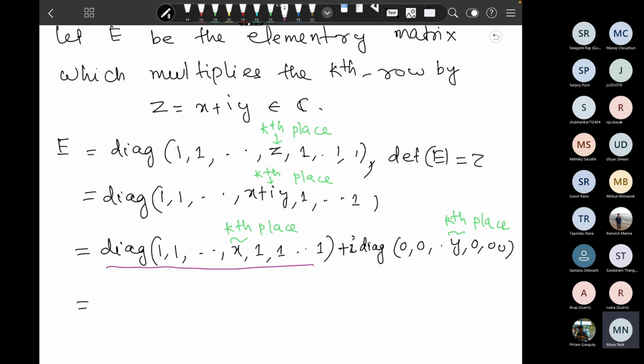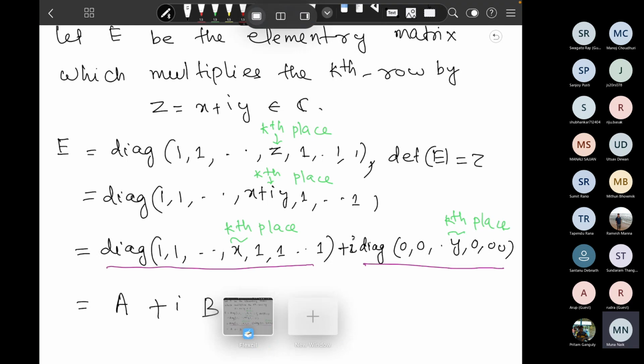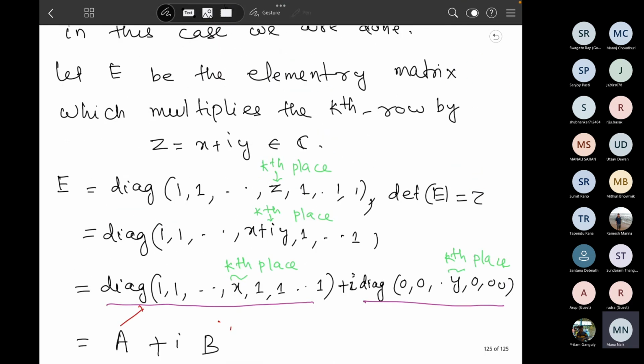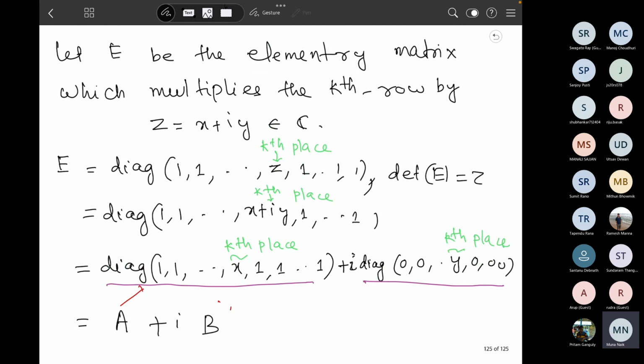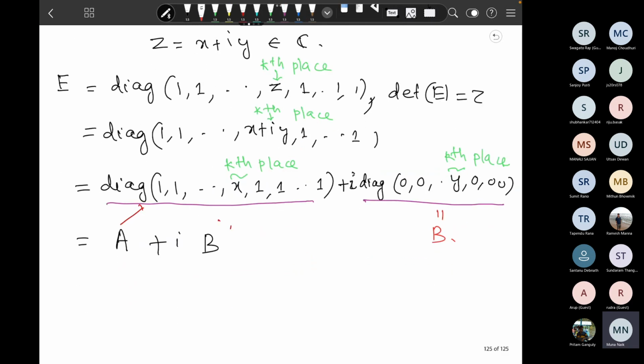I call this A and call this B. So A plus iB, where this is my A, and this second thing is my B. And A and B will commute with each other, because these are diagonal matrices.